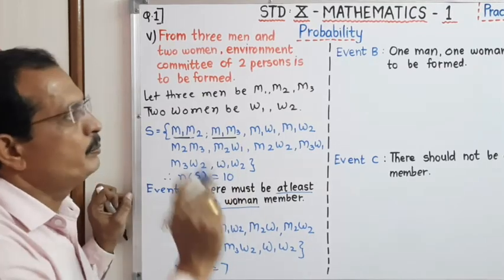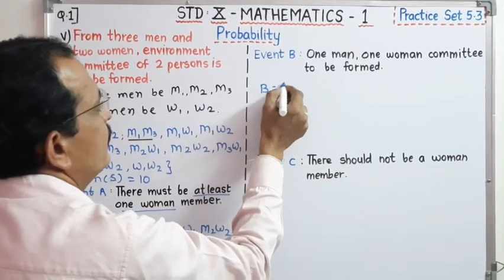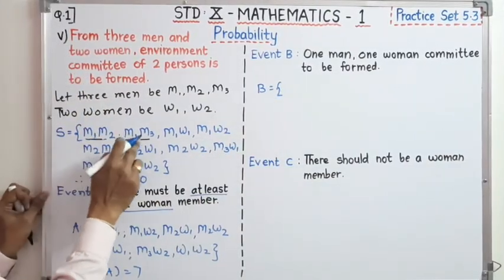Now see the event B. 1 man and 1 woman. Therefore for B, we omit the 2 men pairs.